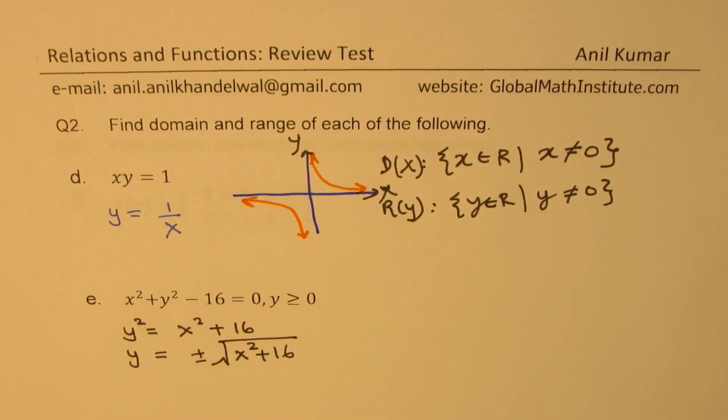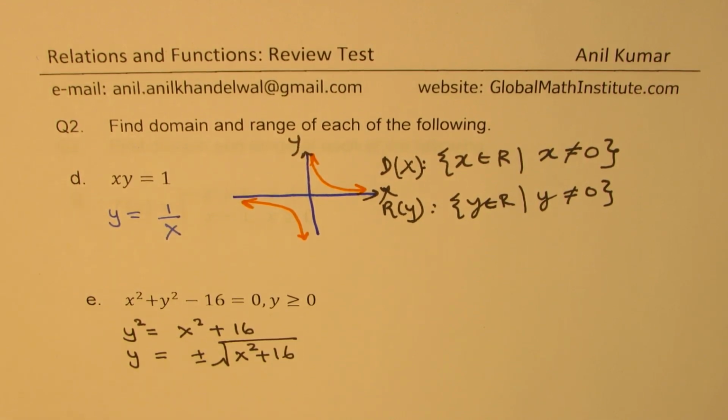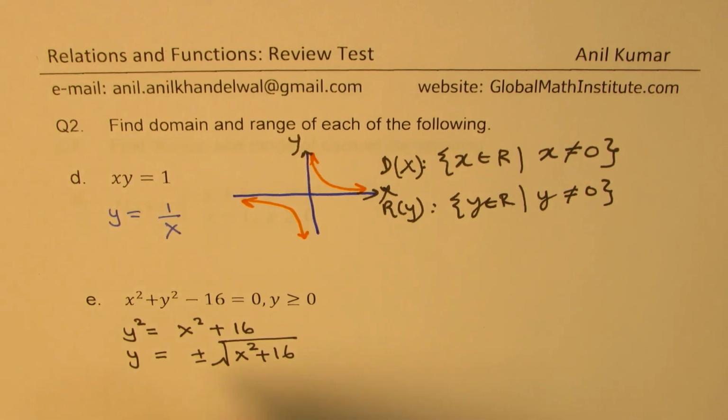So we get that kind of a graph. Now definitely if we have plus and minus, in that case we are looking for something which is having two values, so it is definitely not a function. So it is a relation for sure, right?